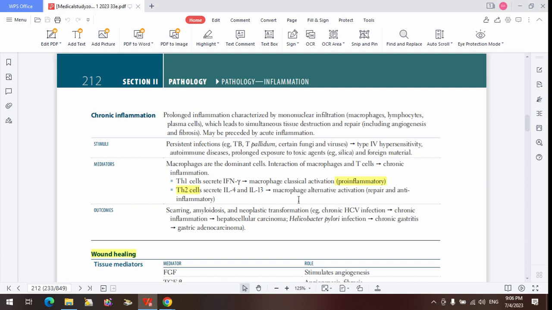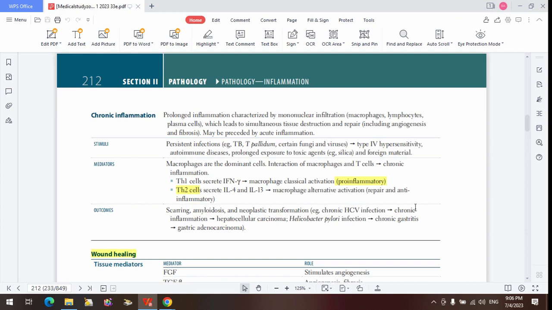Now, in an attempt to repair, that's when the TFR2 will come in. They will elaborate interleukin 4 and 13, not gamma interferon. Interleukin 4 and 13 will activate the macrophage again, but in the alternate pathway, just like complement. And this one will start releasing some growth factors like fibroblast growth factor that will cause fibrosis, transforming beta growth factor that will cause angiogenesis as well as fibrosis.